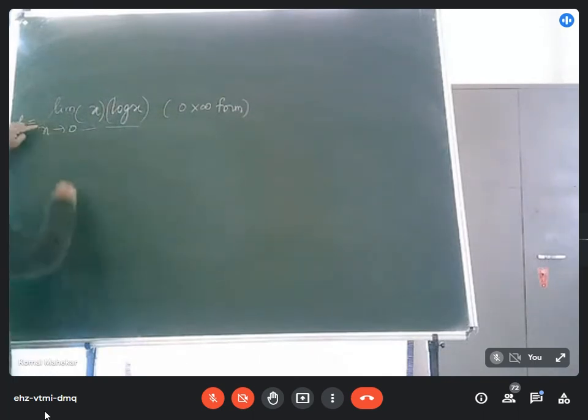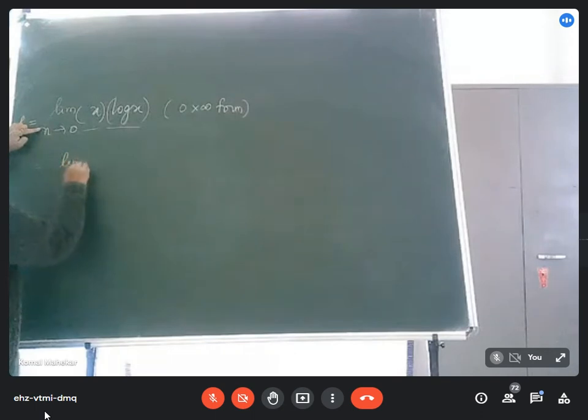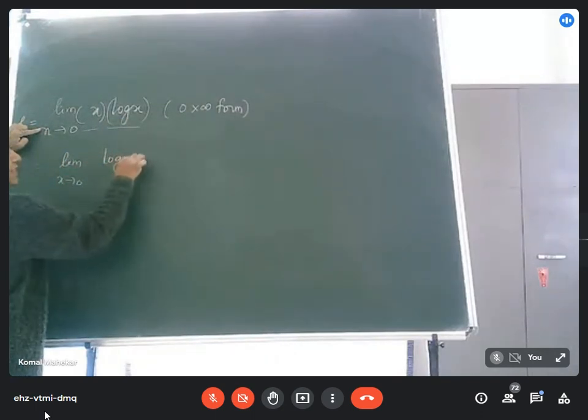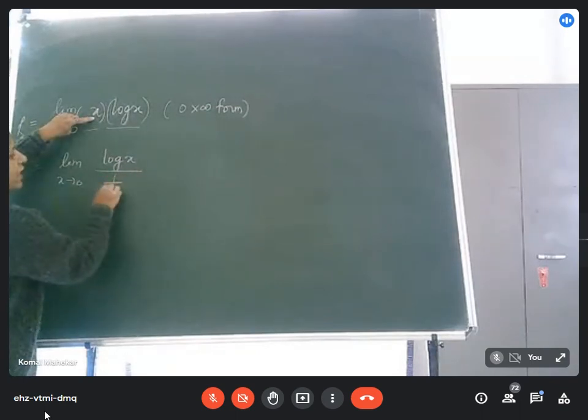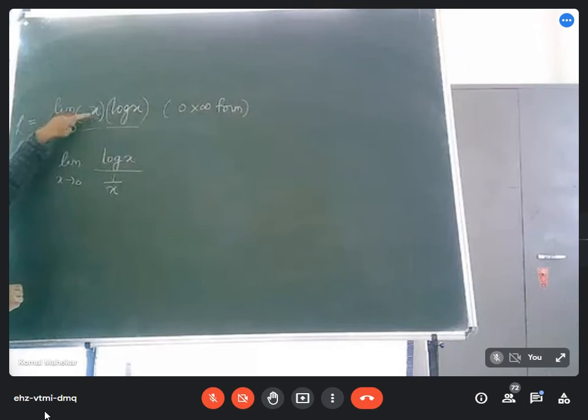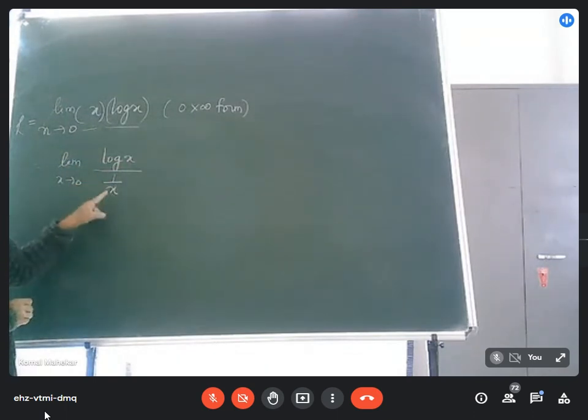So we write this function as limit x tends to 0, keeping the logarithmic function in numerator, log x divided by 1 by x, which is the same as multiplying by x.